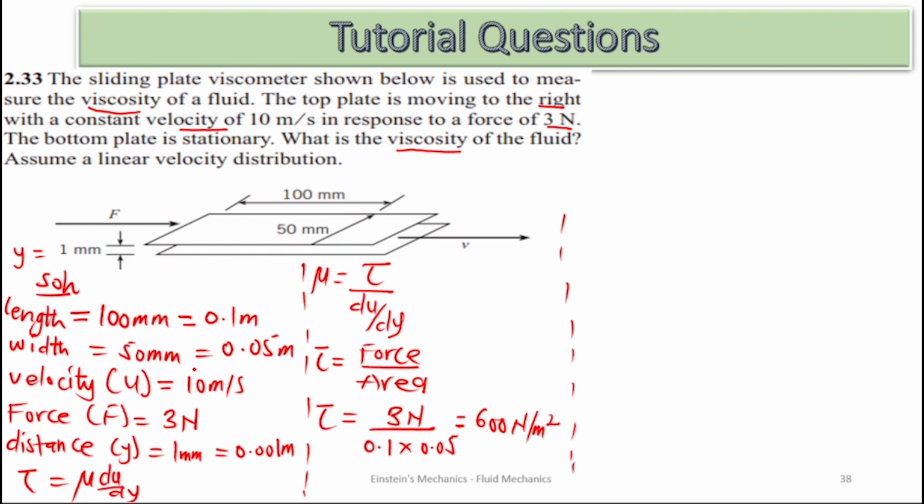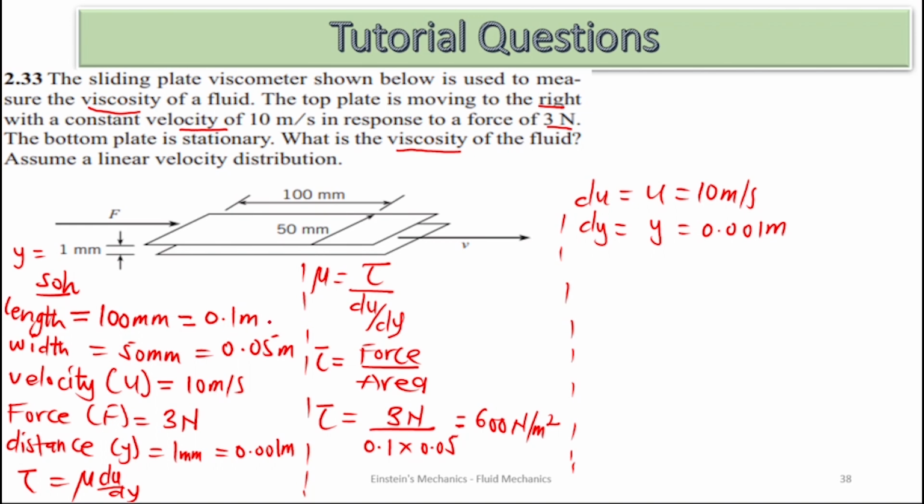So we will take our du as the u, which is the velocity, and our dy as the y, the distance between the plates. So du is u, which is 10 meters per second, and dy, the same as y, is 0.001 meters.